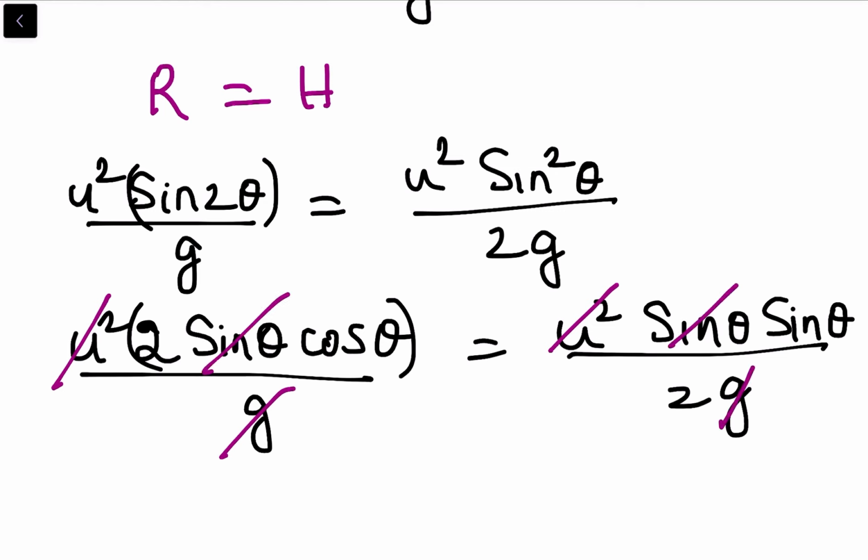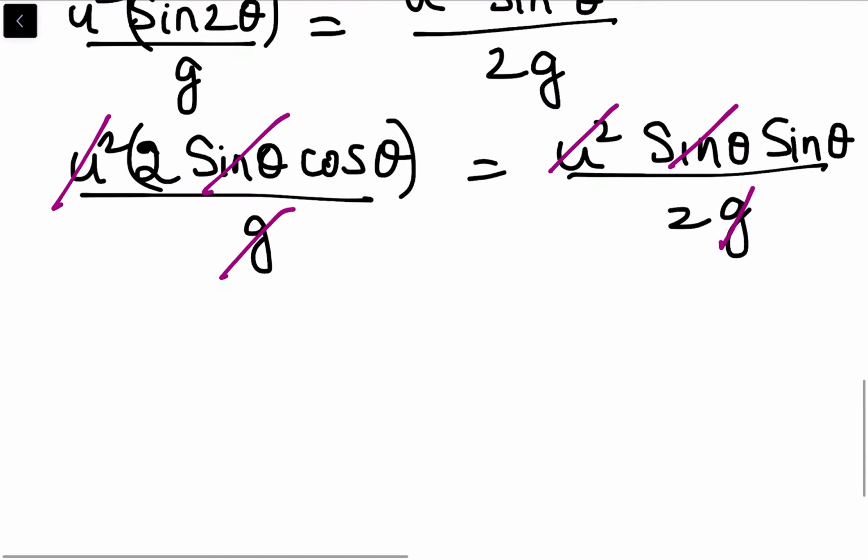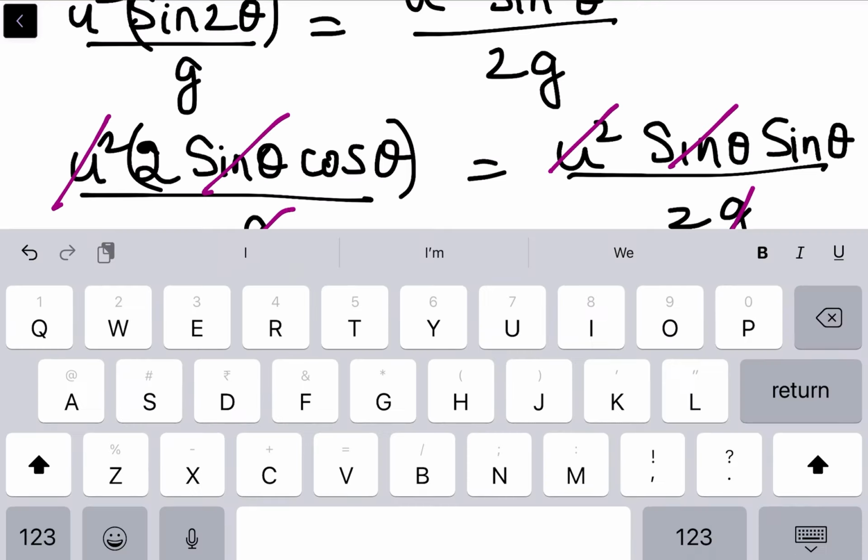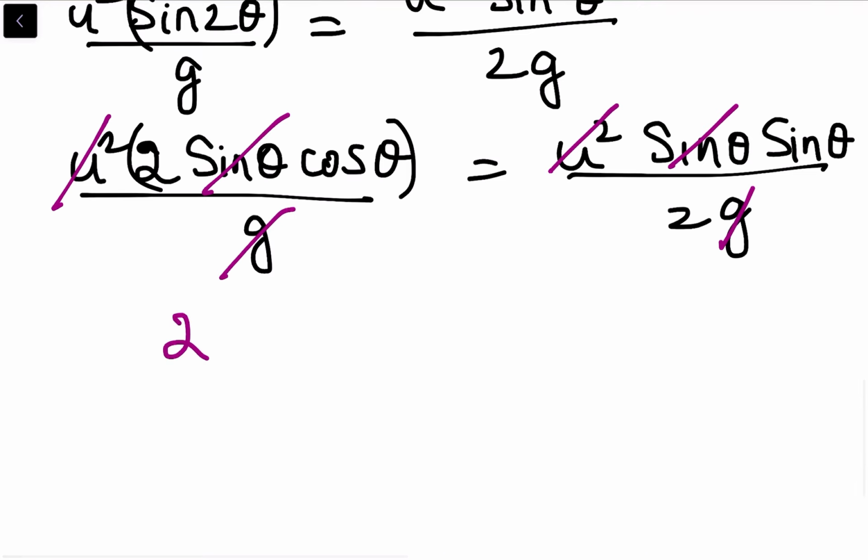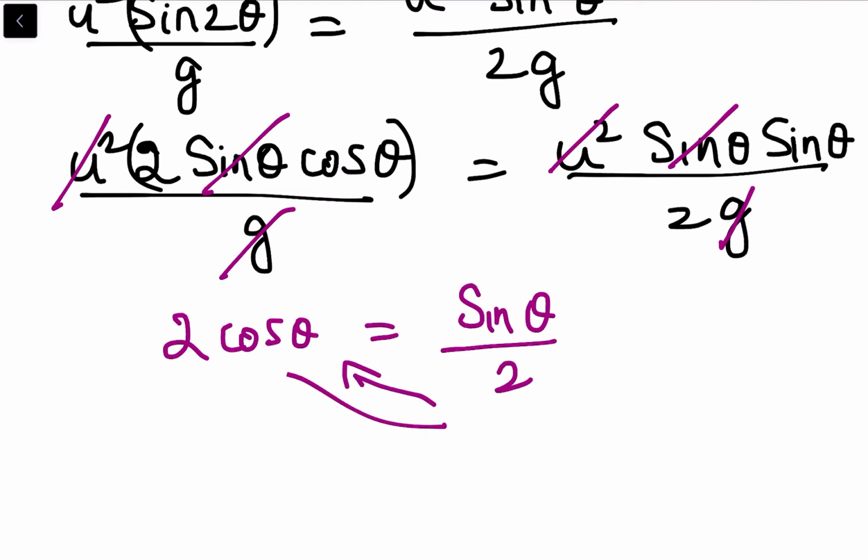Now what is remaining here? You can see, that is 2 cos theta is equal to sine theta by 2. Now send this 2 this side, send this cos theta this side, you will get 4 is equal to sine theta by cos theta.